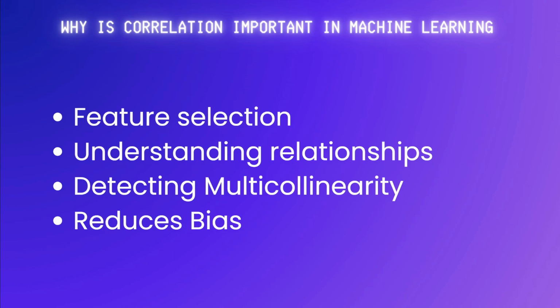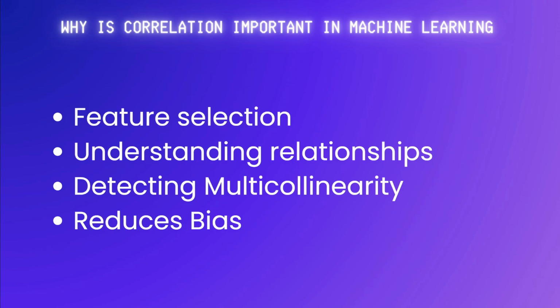Next, correlation helps us in understanding the relationships between the features, which in turn can improve the performance of the model. Also in regression models, it is important to know if features are highly correlated with each other, as it can affect the model stability and interpretation.